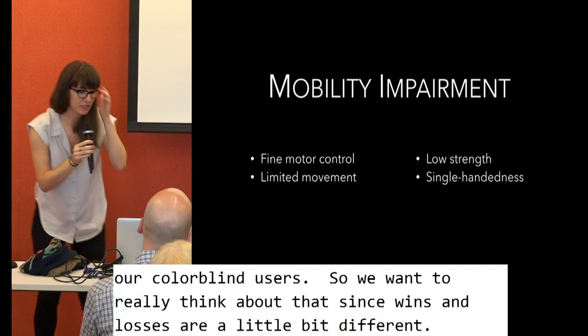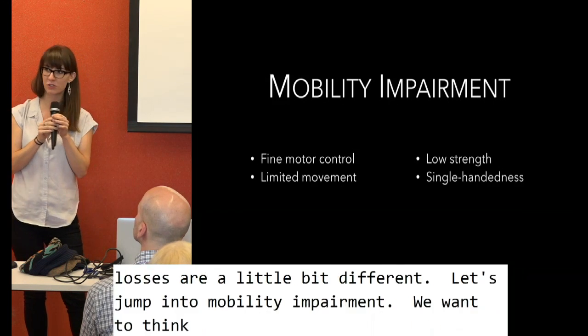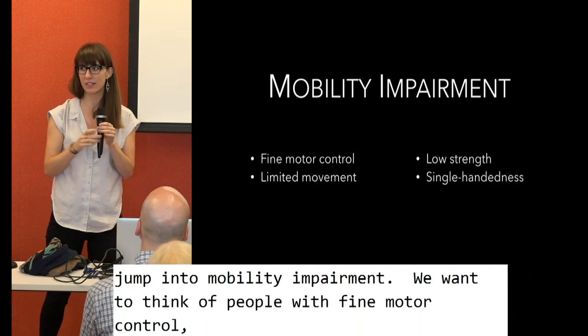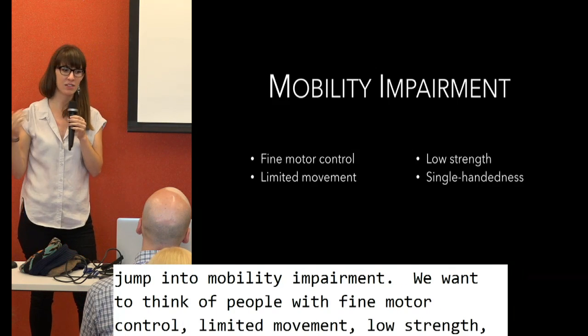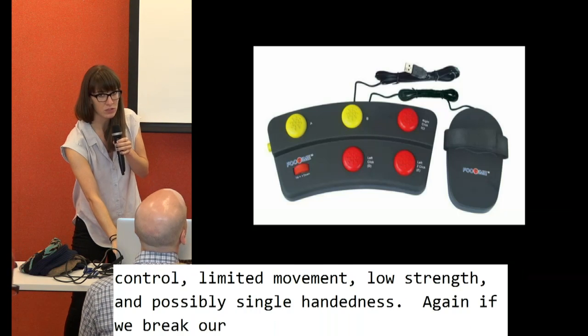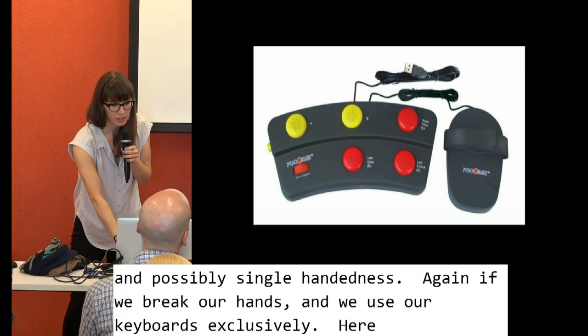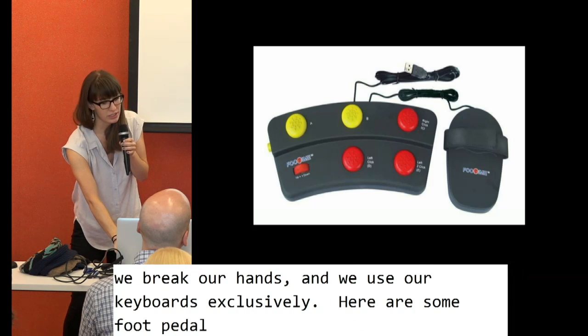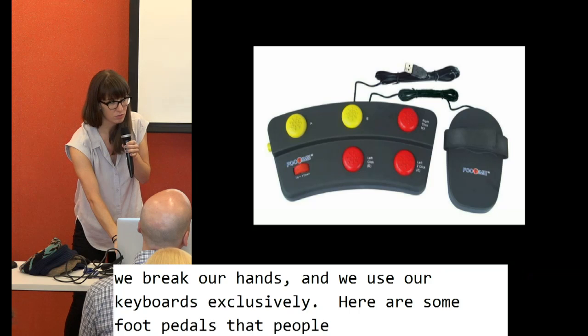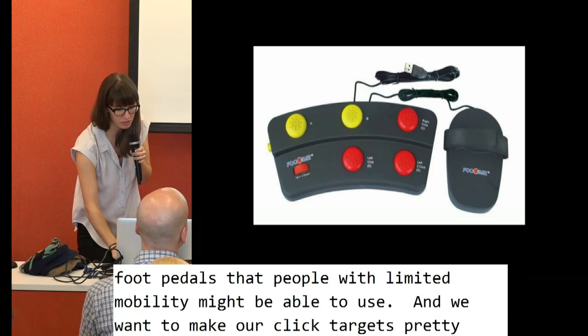Let's jump into mobility impairment. We want to think of people with fine motor control issues, limited movement, low strength, and possibly single-handedness. Again, if we break our hands, we use our keyboards exclusively. Here are some foot pedals that people with mobility impairments may be able to use. And in this case, we want to make our click targets pretty big so that we can aim correctly at elements on our screen.